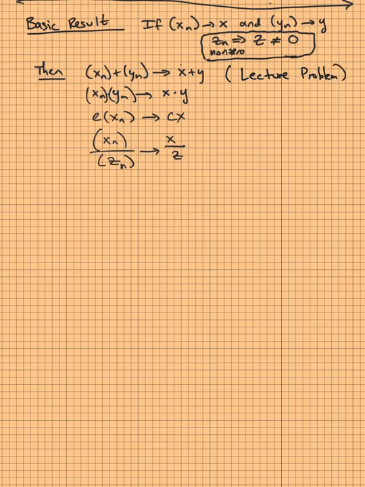Let me prove the product one, which is slightly trickier. Once you have addition and multiplication, it's pretty easy to get something for division and subtraction, so I won't prove those. So here is our goal.